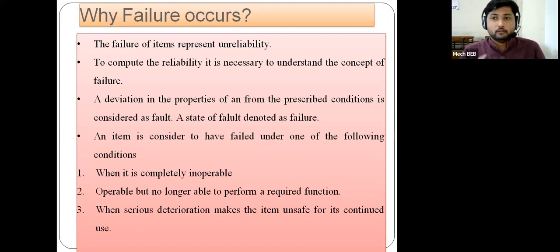So in that case, the deterioration life of that particular furnace or product is completed, the working lifespan, or we can say the warranty period, is completed. Now no one will provide you a warranty or guarantee for that particular product. Now here, that product is unsafe for the workers who are going to work on that furnace.